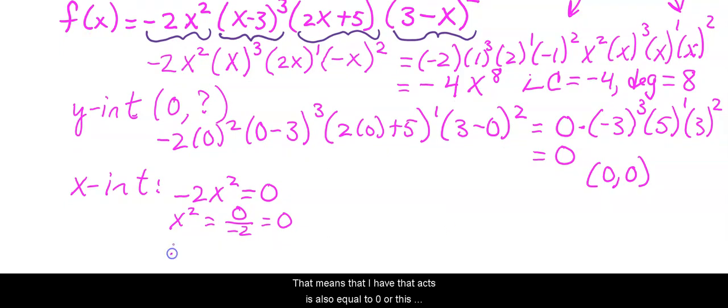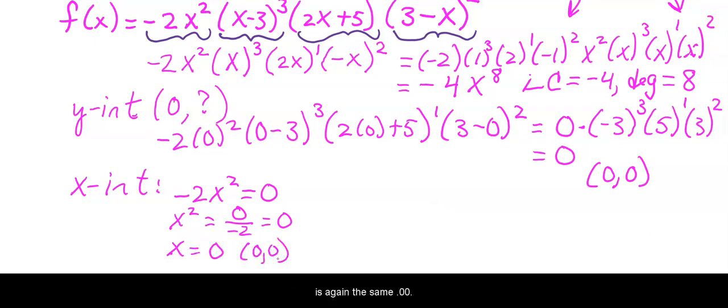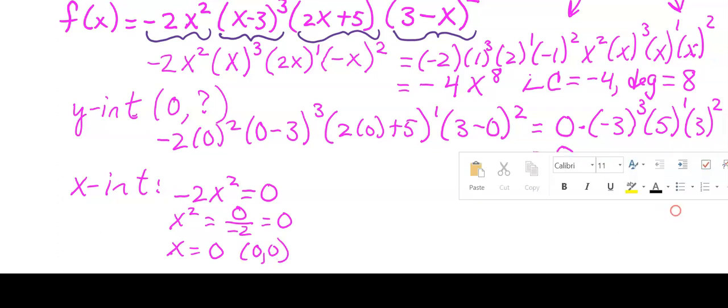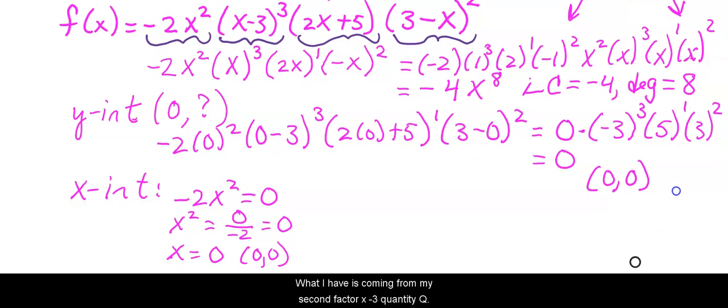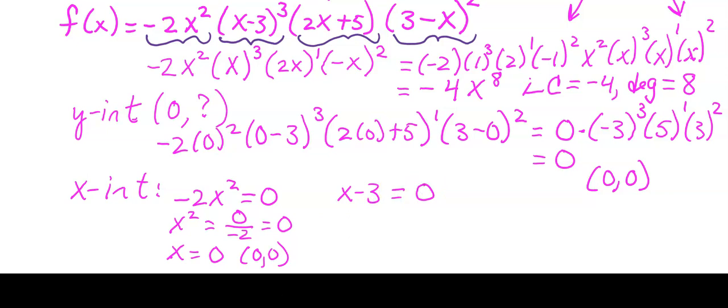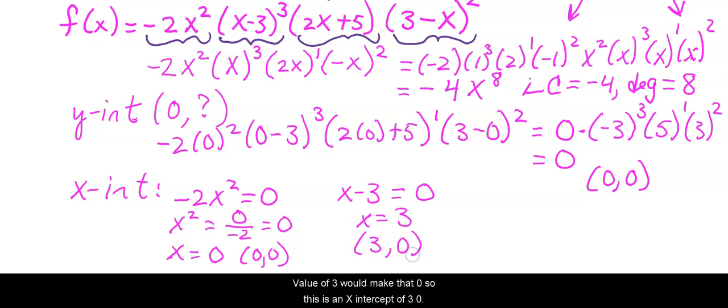That means that I have that x is also equal to 0, or this is again the same point, 0, 0. The second one that I have is coming from my second factor, x minus 3 quantity cubed. I need to pull the x minus 3 out, the base factor, and set it equal to 0. The value of 3 would make that 0, so this is an x-intercept of 3, 0.